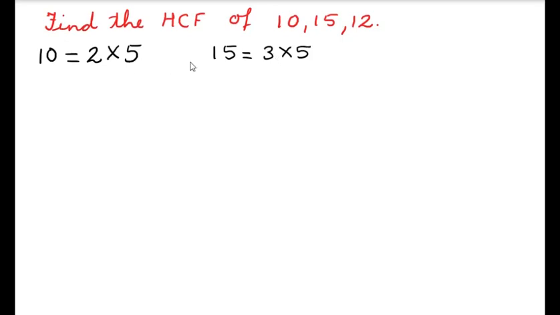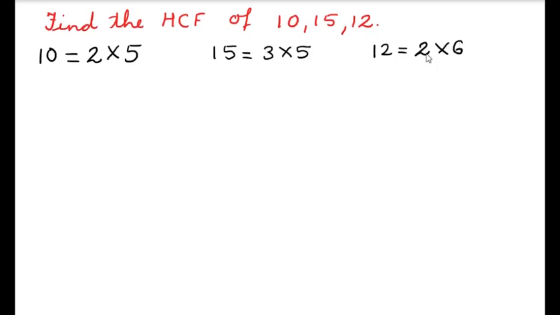Next number is 12. It is divisible by 2. 2 sixes are 12. 6 is a composite number, so we still have to factorize it. Yes or no? So what we will do, we will write this 2 as it is.